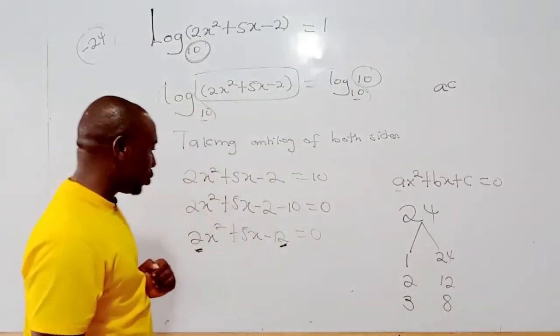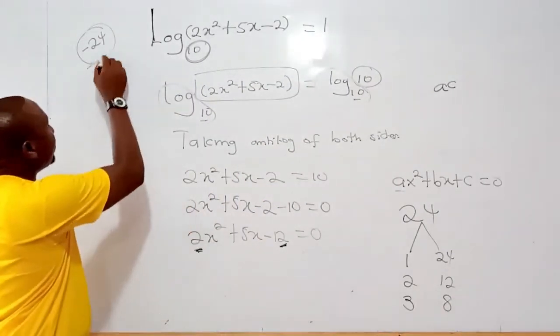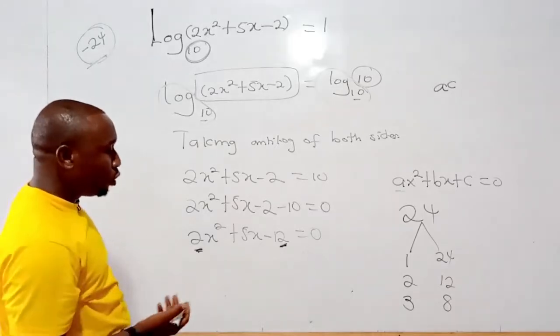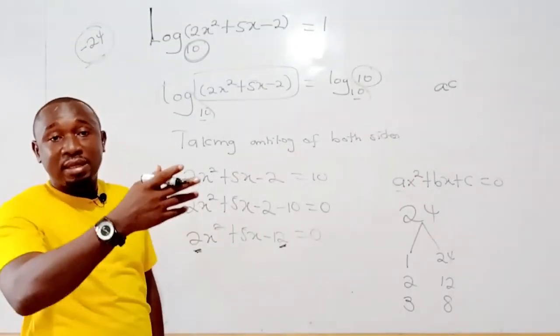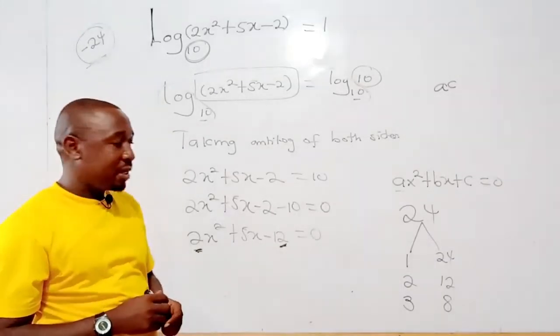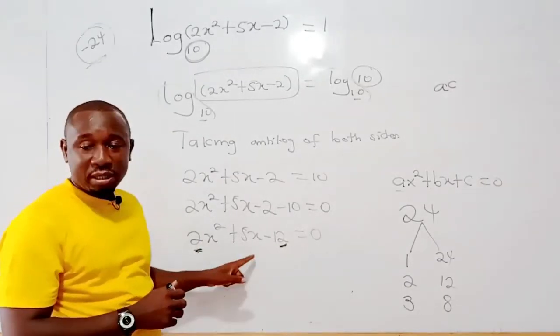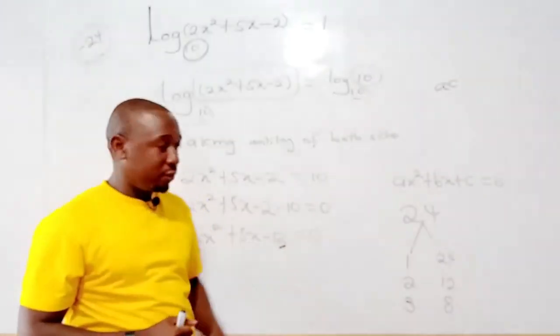It is possible in the sense that you need negative 24. So what you need to do is to negate one of them, because negative times positive will certainly give you negative. You negate one of them such that when you add, you will get positive 5, but when you multiply, you will get negative 24.